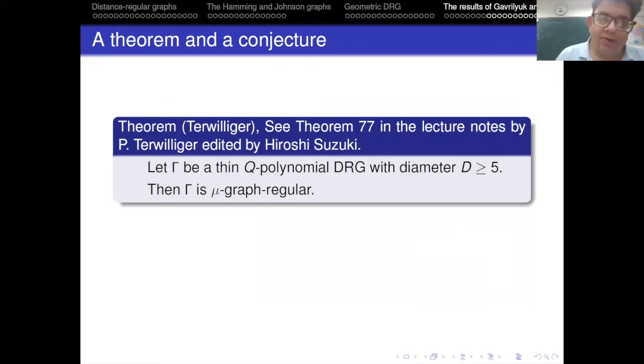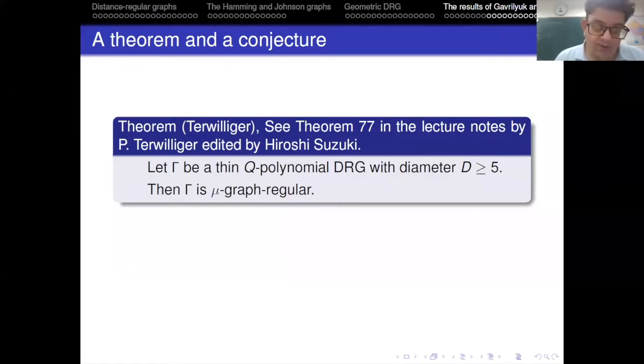So now I will discuss a theorem and a conjecture. The theorem is by Terwilliger, in the lecture notes by Terwilliger as edited by Hiroshi Suzuki, I think in 1993 or 1994. Let gamma be a thin Q-polynomial distance regular graph.